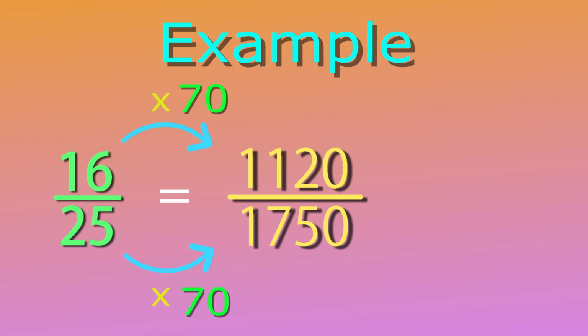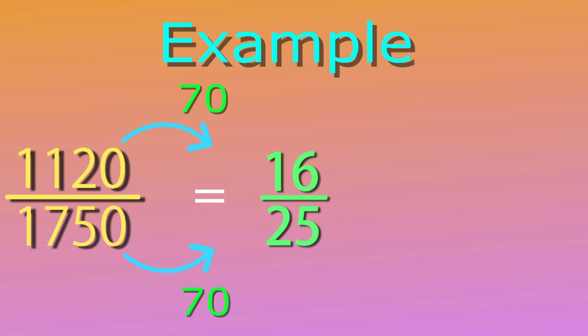We multiplied numerator and denominator by the same number, so these fractions must be equivalent. And of course, we can reverse the equation, and that would then give that 1120 over 1750 with top and bottom divided by 70 gives 16 over 25.